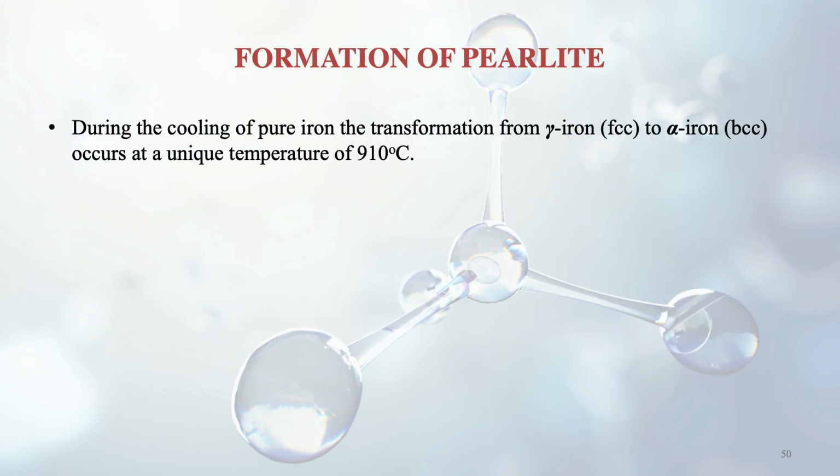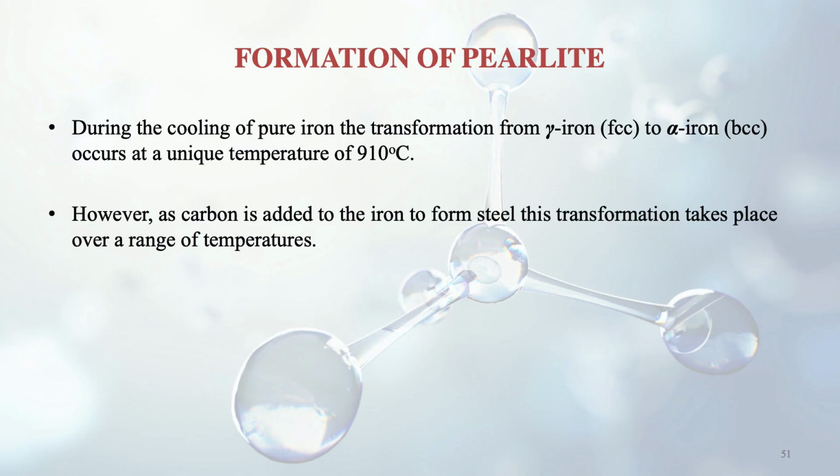During the cooling of pure iron, the transformation from gamma iron to alpha iron occurs at a unique temperature of 910 degrees centigrade. Like you have studied earlier, gamma iron is nothing but austenite and it is face centered cubic. So it changes to alpha iron, which is mostly ferrite, and is body centered cubic.